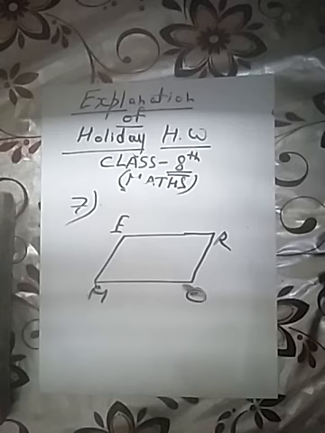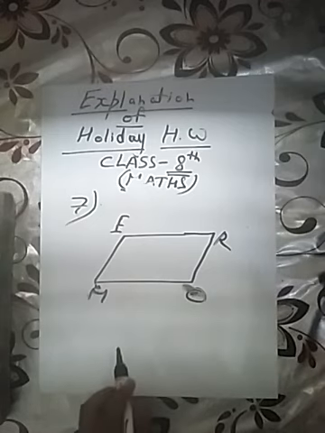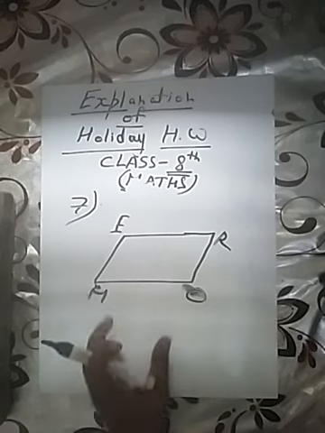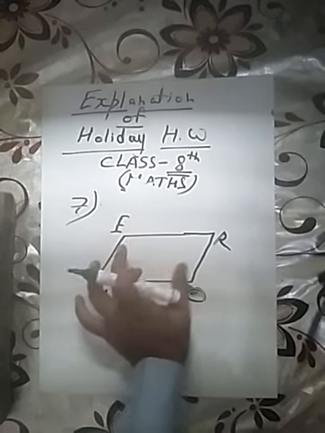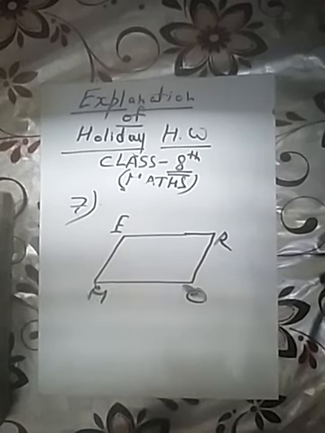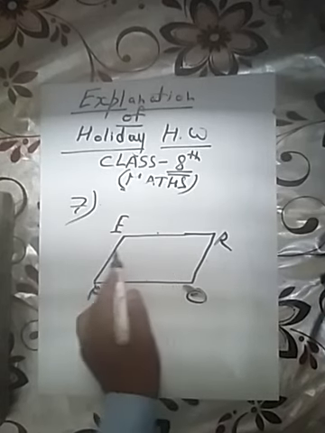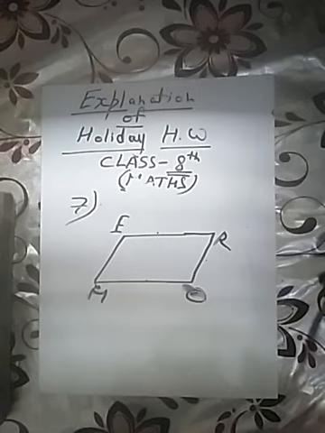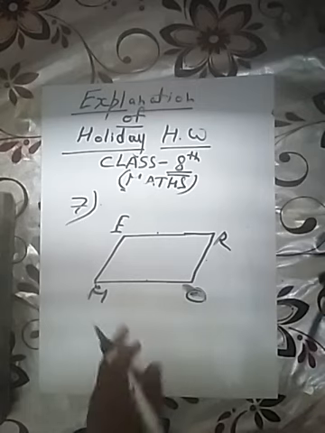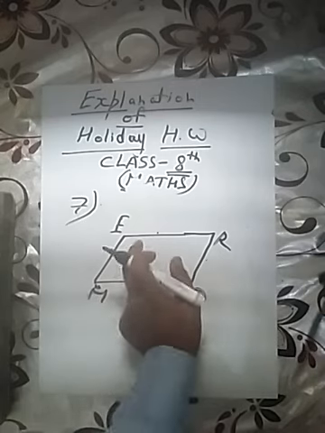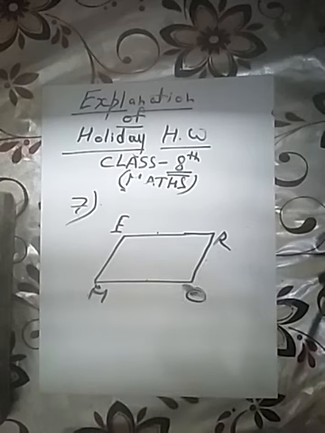In this you have to answer questions like measuring its sides. You have to measure all these sides, and then measure the opposite sides, and say whether they are the same. When you measure them, these two will be the same, and these two will also be the same.